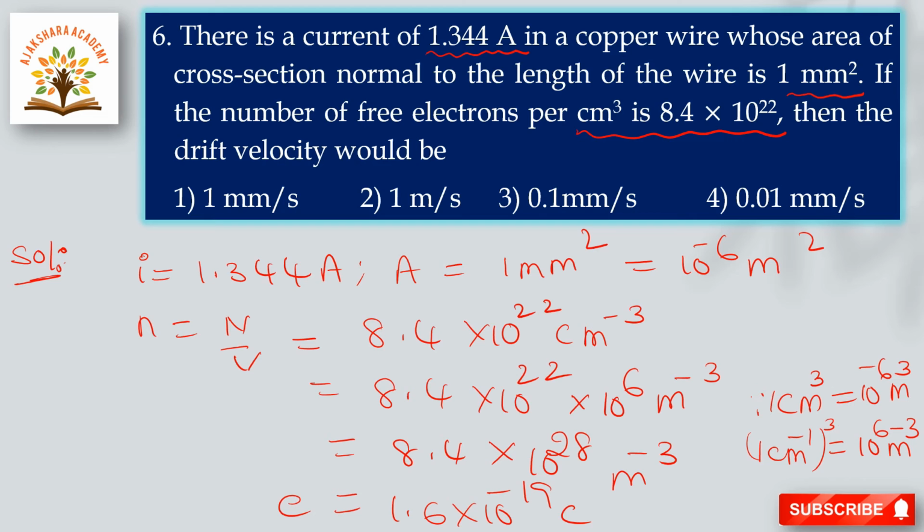And next now we have to calculate drift velocity. Now drift velocity is equal to, we have to calculate drift velocity. So v_d is equal to I by nEA.